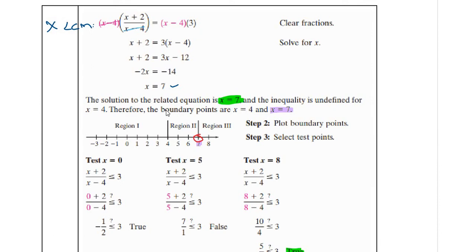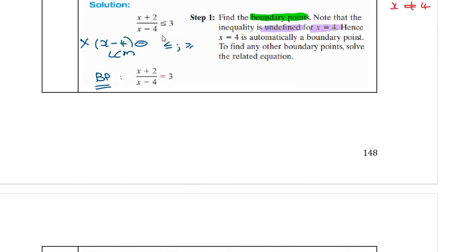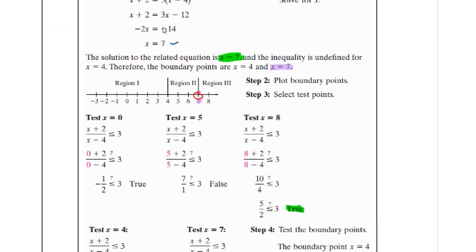And depending on the inequality, the boundary point will be inclusive or exclusive. If we go back, we see that we must solve less than or equal to 3. Therefore, the 7 will be inclusive. I made a mistake here. The 7 will be inclusive because that is the boundary point, and the restriction we found earlier, the 4, will be exclusive.